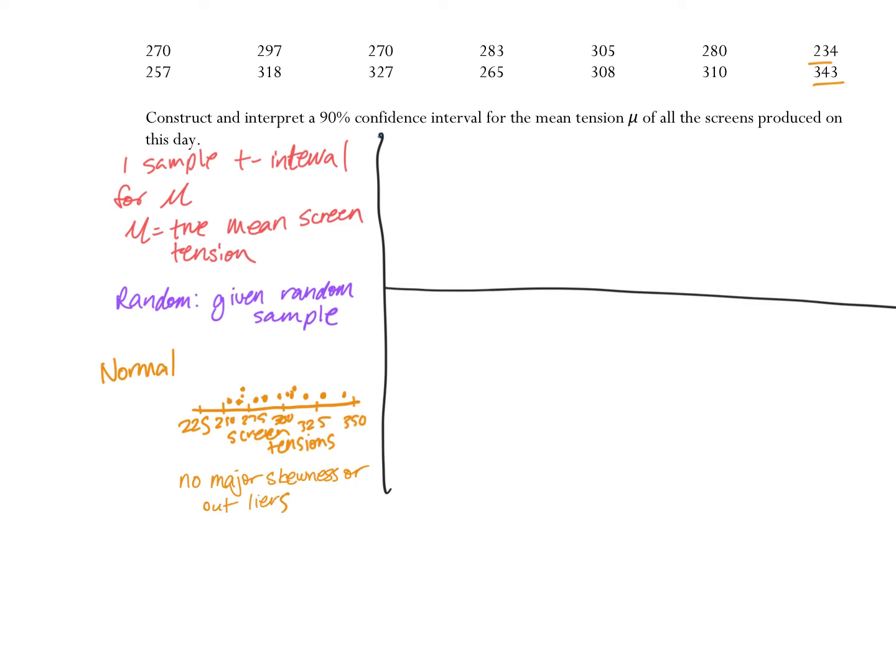And then independent, we're going to say 14 is less than 10% of all screens. All right, so on Wednesday, we'll start off with actually running through this and get some practice with these.